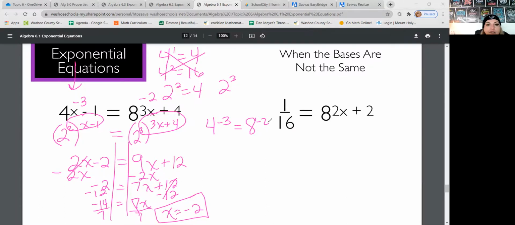Let's check that. This would mean that you have 1 over 4 to the power of 3. 4 times 4 is 16, 16 times 4 is 64. 8 to the power of -2 is 1 over 8 squared, and 8 squared is 64. So they check out.